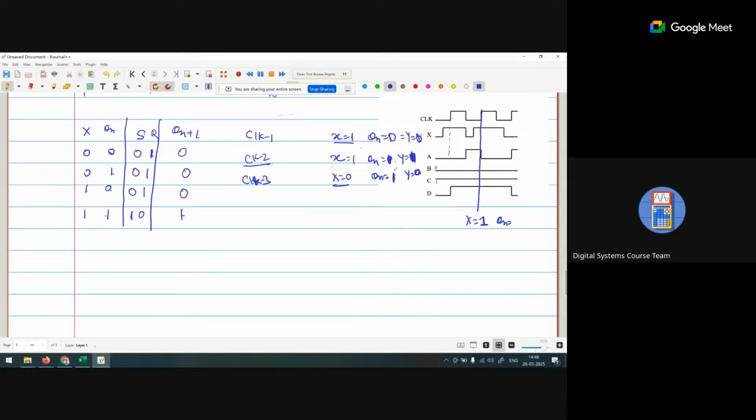At this clock pulse, Qn is 0 for A, 0 for B, 1 for C, and 1 for D. For the second clock pulse, what is the output? Qn is the first clock pulse output.